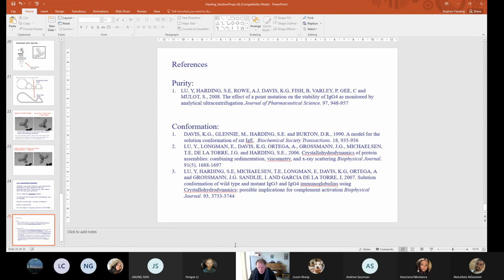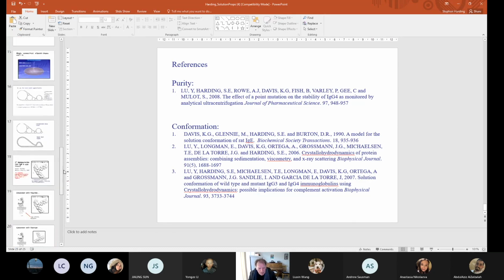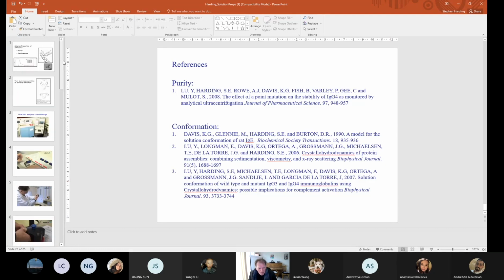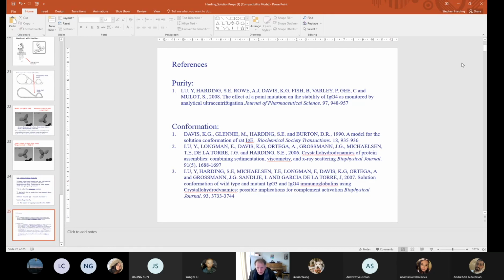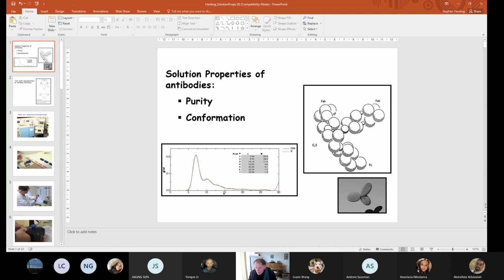Okay, so that in a nutshell is how we use solution properties of antibodies to investigate the purity, freedom from aggregation, and the conformational integrity, centered around the analytical ultracentrifuge instrument.